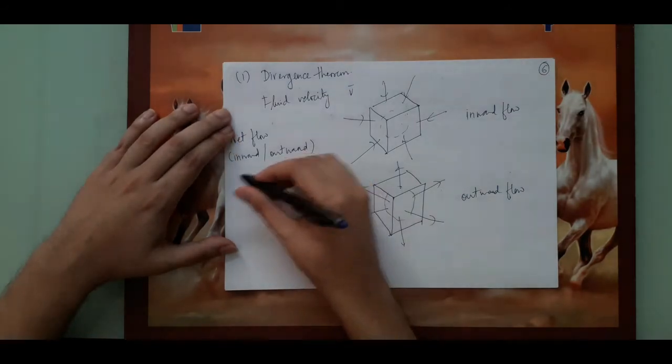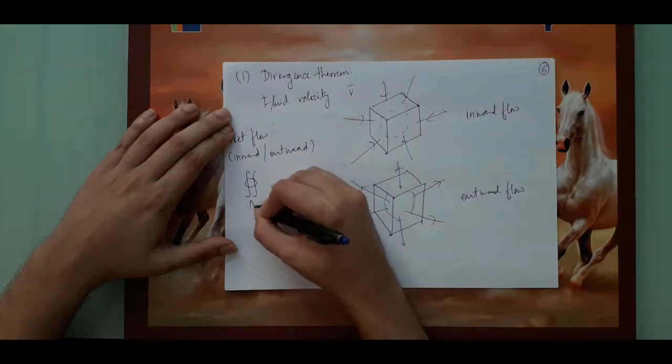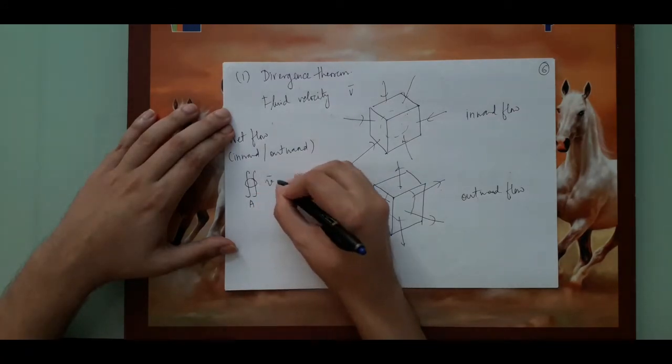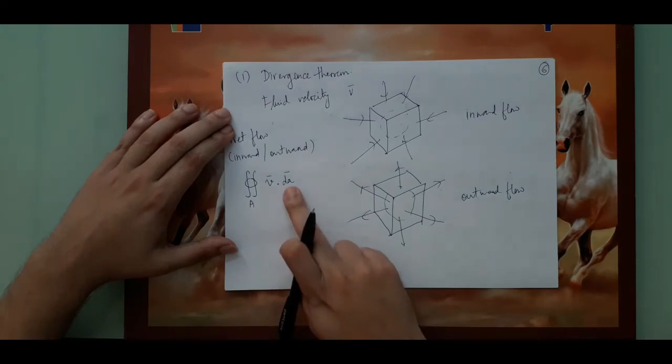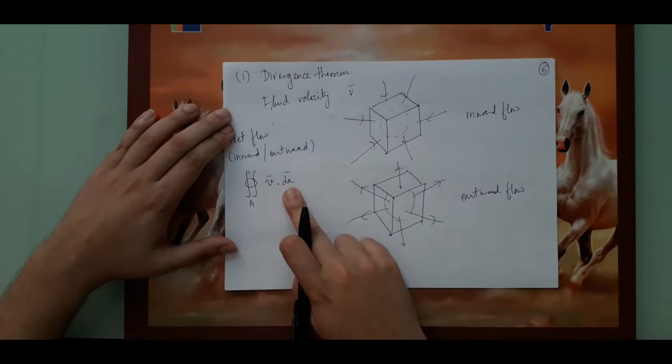So essentially what will happen? It will be a double integral over the area of the surface of the velocity vector v dA, where dA is nothing but the area differential.